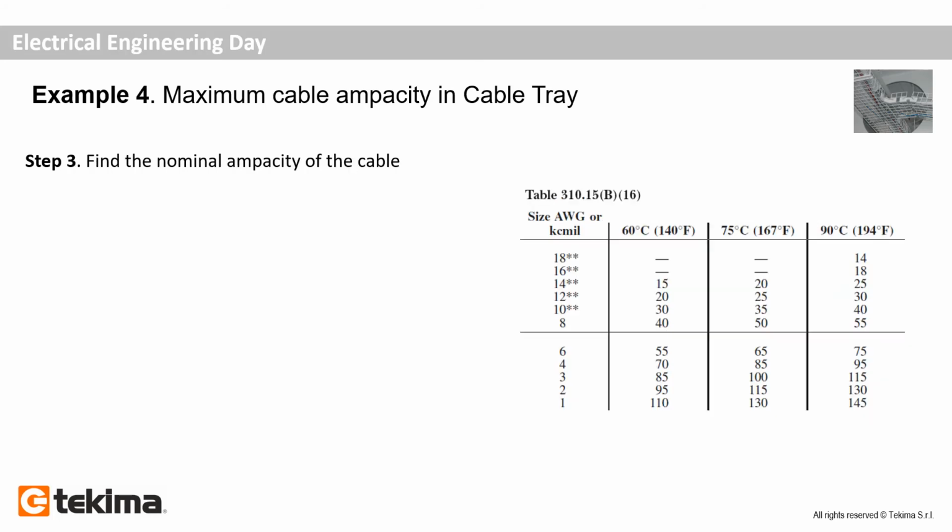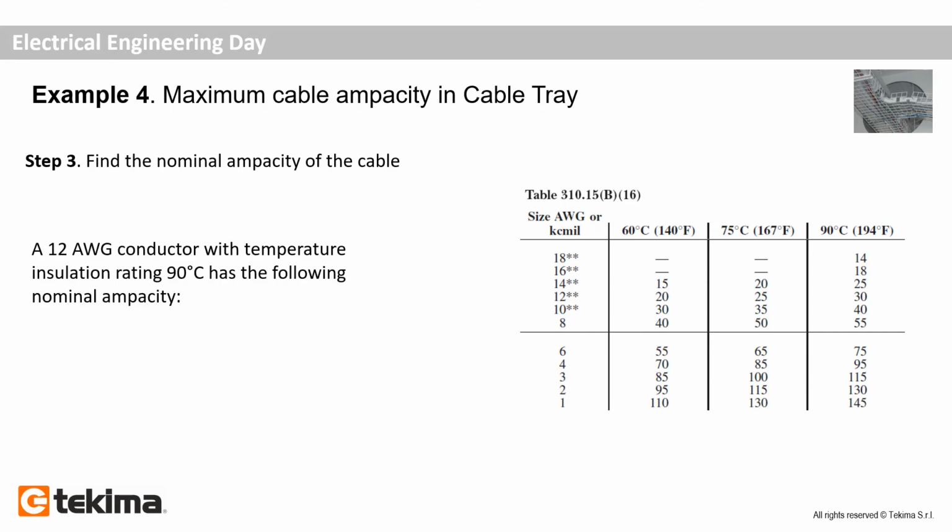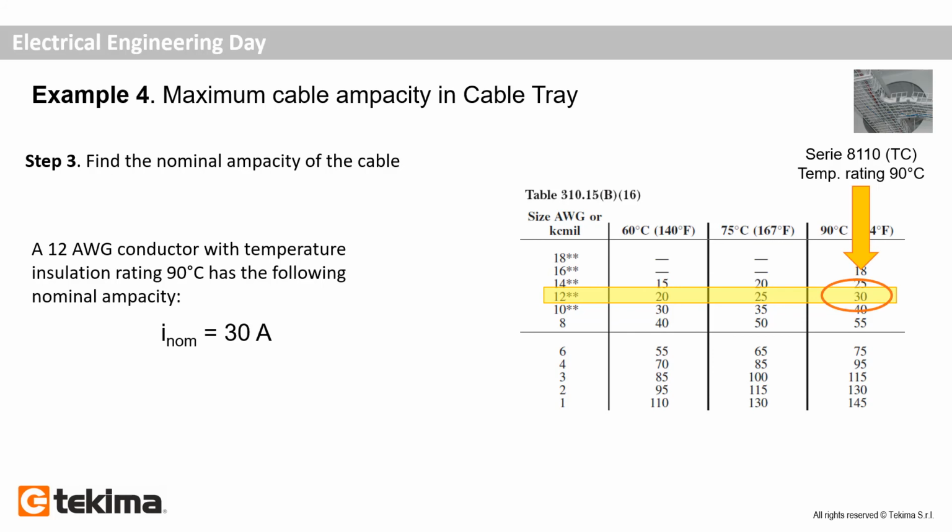Step 3. Find the nominal ampacity of the cable. Again, using the table contained in the standard, we can find that for a 12 AWG cable with a 90-degree temperature rating, the nominal ampacity will be 30 amperes.